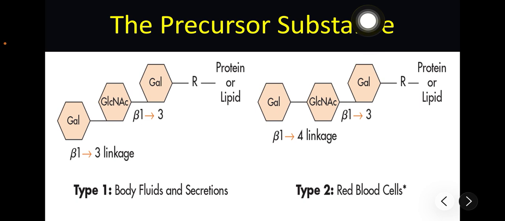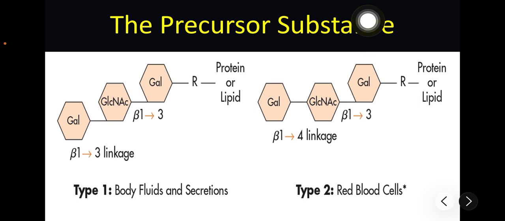Type 1 precursor substance determines whether a person is a secretor, meaning can express ABO antigens in the body fluids. It is modified by the secretory gene or FUT2, the fucosyltransferase, to form soluble A, B, or H antigens.